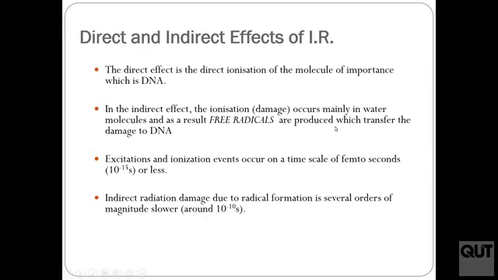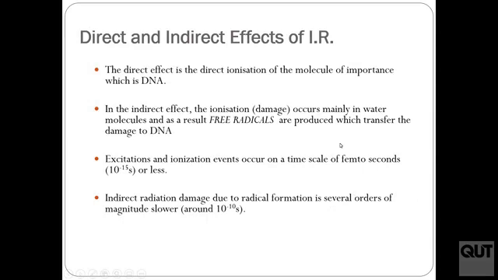Whereas with the indirect effect, the damage occurs in the water sitting around the DNA, which produces free radicals, which then damage the DNA. So the direct effect directly damages the DNA, while the indirect effect damages water, and the water then goes on to damage the DNA.